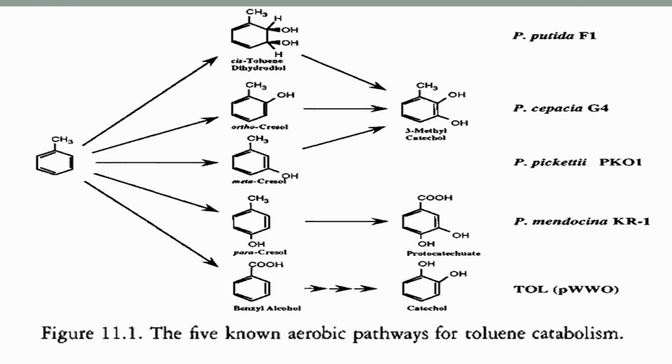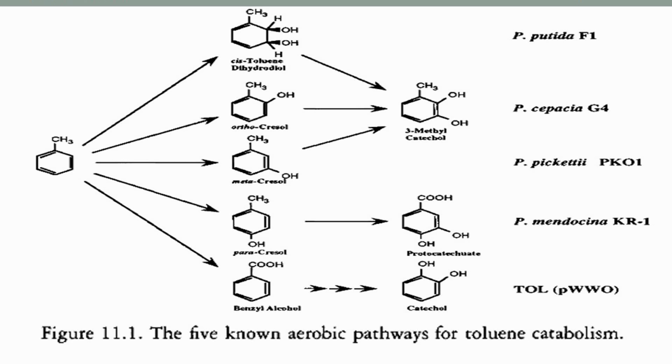The fourth goes from toluene to paracresol, then to protocatechol. In the fifth pathway, toluene is degraded into benzyl alcohol, and the end product is catechol. So one organism, Pseudomonas, has many pathways for the degradation process.